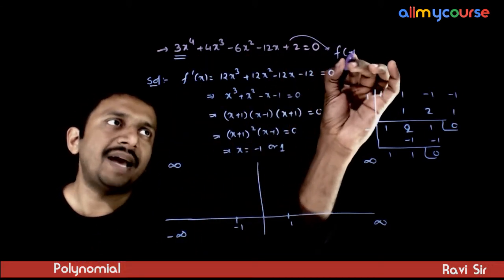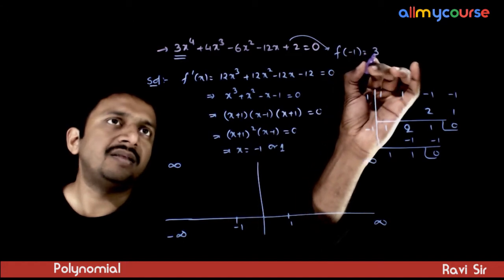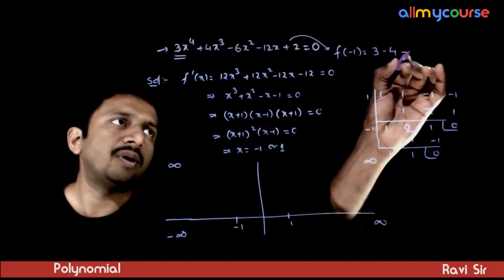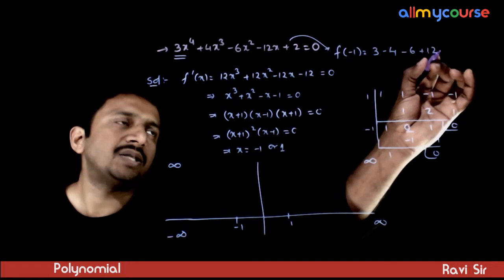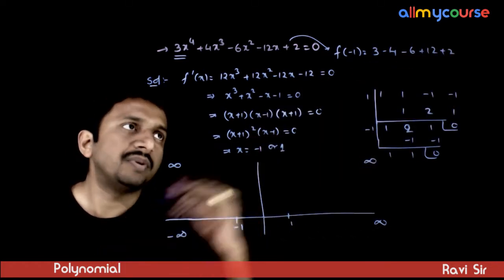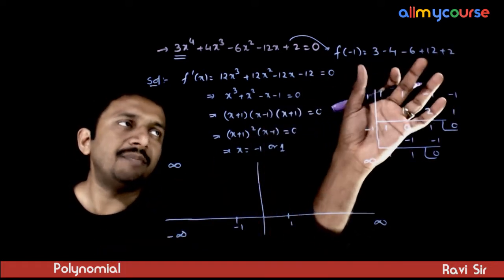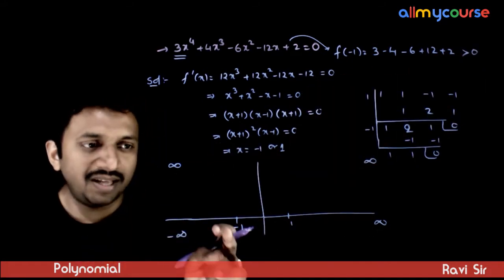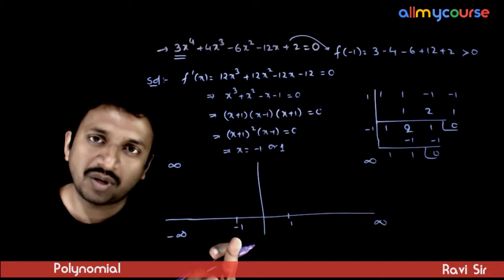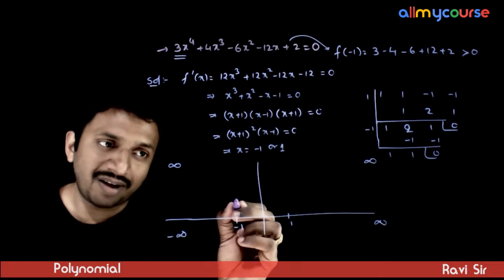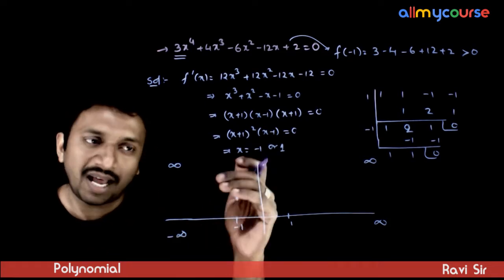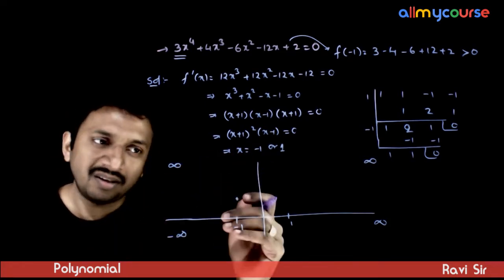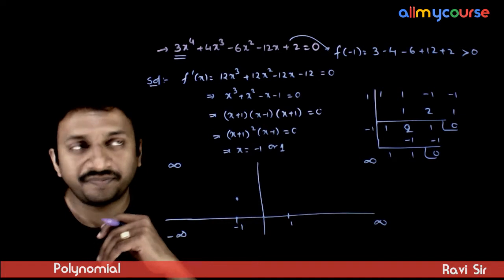So f of minus 1 is equal to 3 minus 4 minus 6 plus 12 plus 2. As you can see, the number is a positive number. That means at x is equal to minus 1, the functional value is positive, above the x-axis.